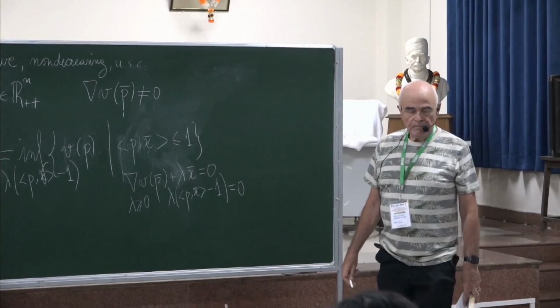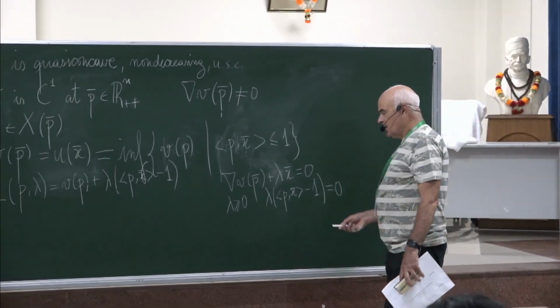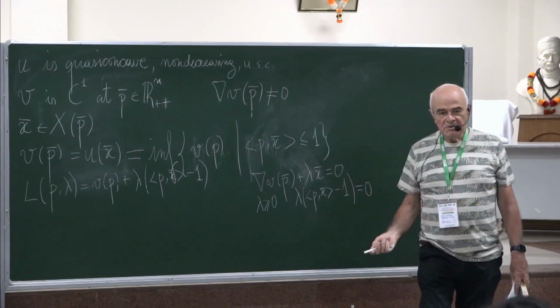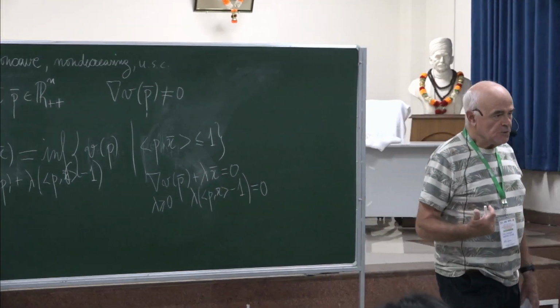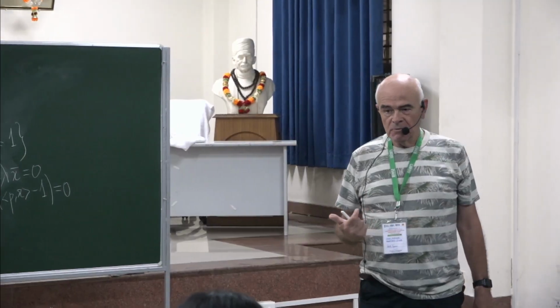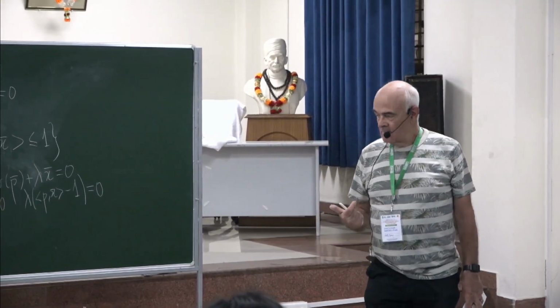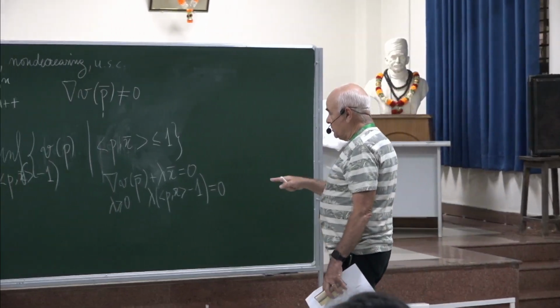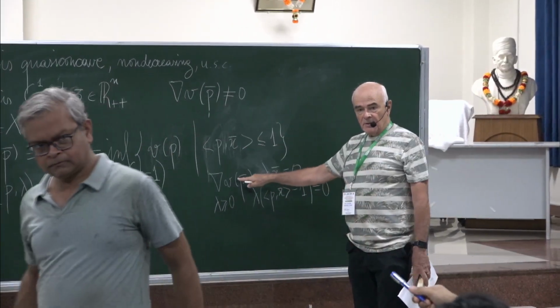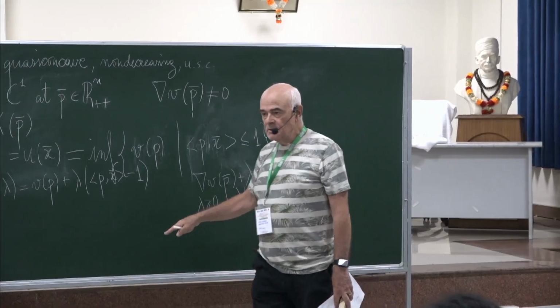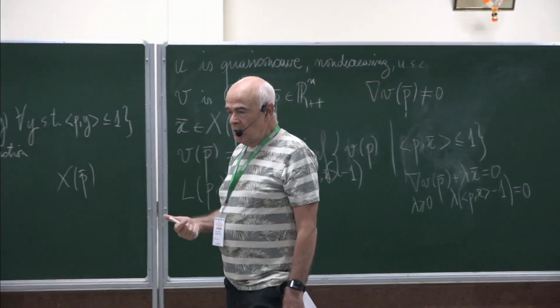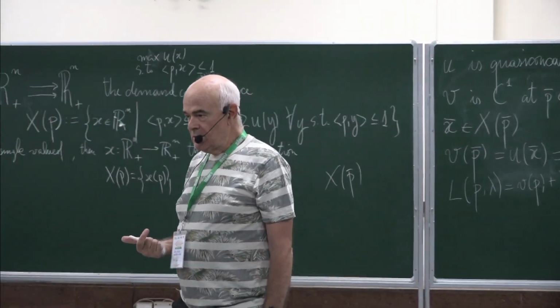So now, as I used to do in this situation, the first observation is that lambda cannot be 0. Because this would imply that the gradient of V of P would be equal to 0, and we have excluded this possibility.